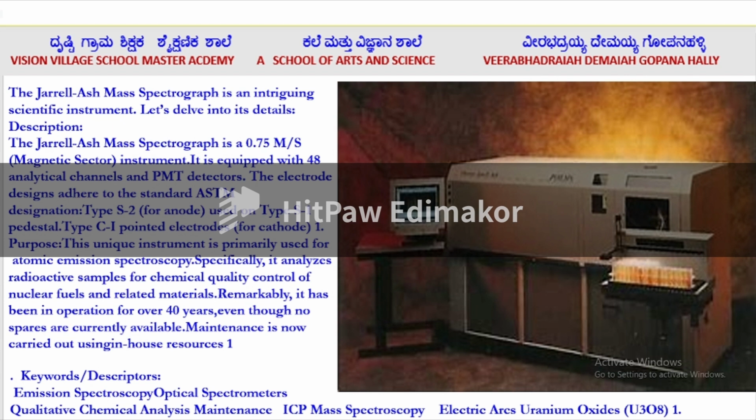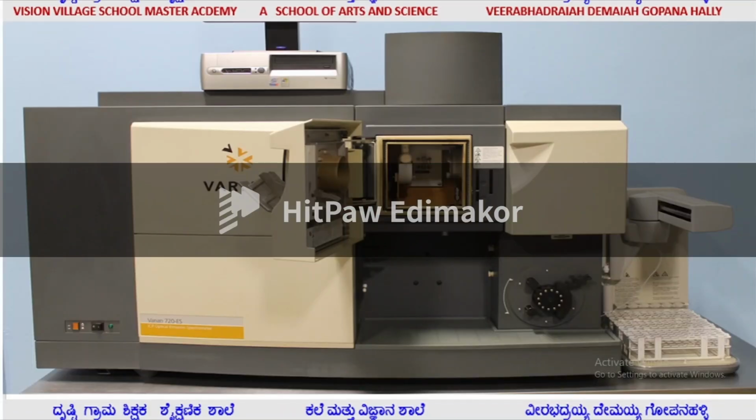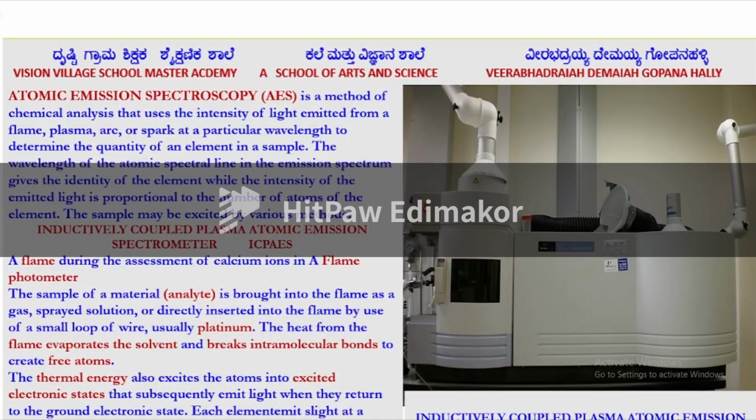The mass spectrograph is a good old instrument now. The parts are not available and it is very difficult and costly to maintain, therefore it is banned as far as today's analysis is concerned. So this is another variant instrument, the atomic absorption spectrophotometer, which we used. The solution is prepared for that, and we feed the solution into this instrument.